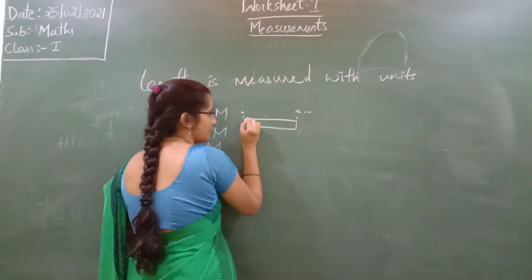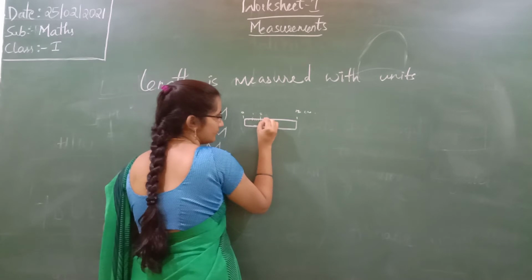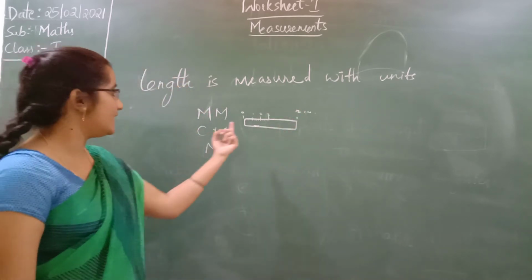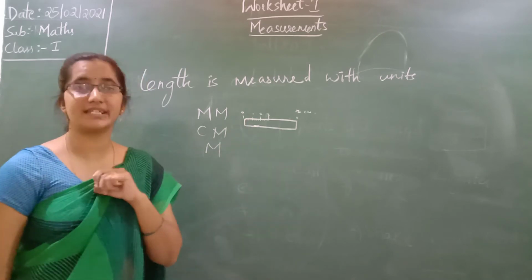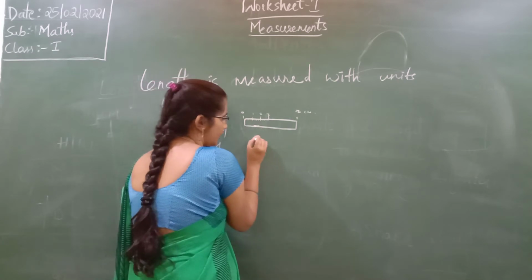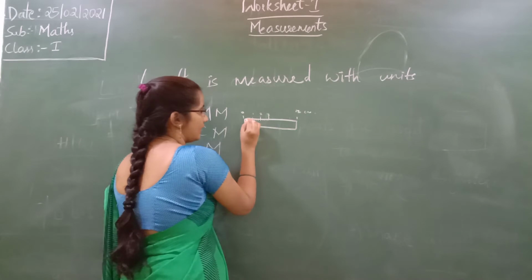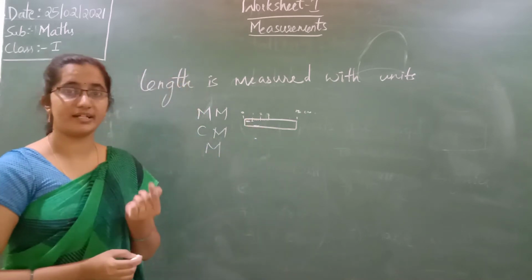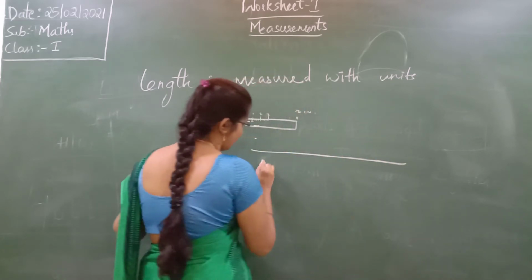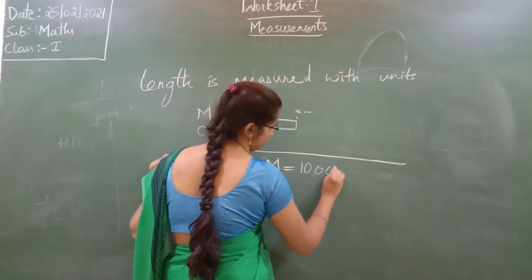Here you will see some lines, up to 12, right? These small differences are millimeters. This is millimeter. This we calculate as centimeter. And the one big one is 1 meter, equal to 100 centimeters.